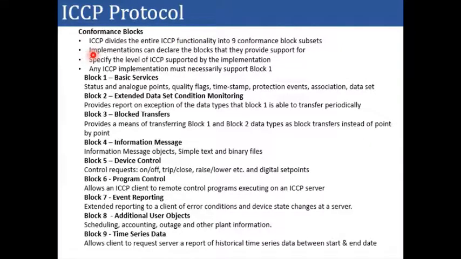The implementation of ICCP will declare the blocks which they provide support for. So when you implement the ICCP protocol, you will tell what are the various blocks which you are implementing. Out of that, block 1 is compulsory because it talks about the basic services which an ICCP communication has to follow.